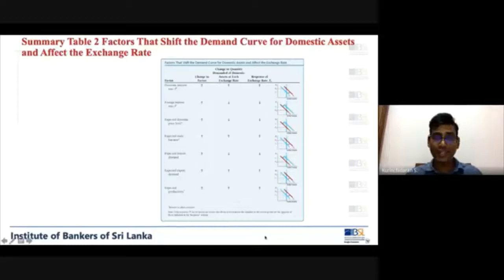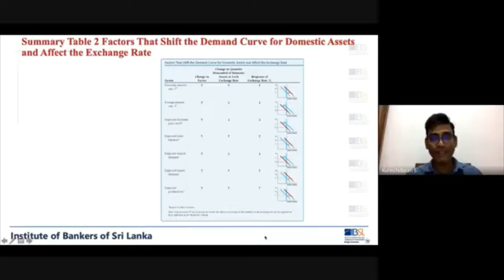That means the exchange rate will go up. Now you can see in the graph, when the expected export demand increases, the demand curve moves from D1 to D2, and the dollar value increases and the exchange rate increases and settles at E2. That is our new equilibrium.